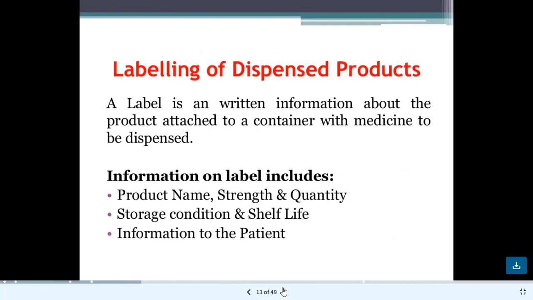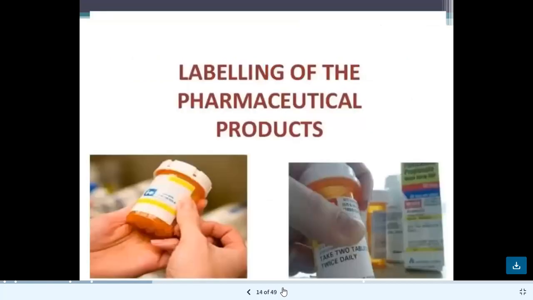Information on label includes product name, strength, and quantity, storage conditions, and shelf life. Information to the patient. Labeling of the pharmaceutical product.